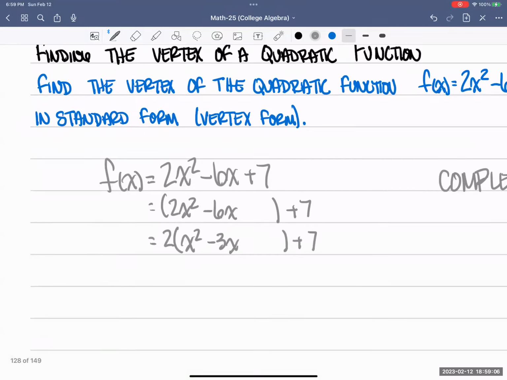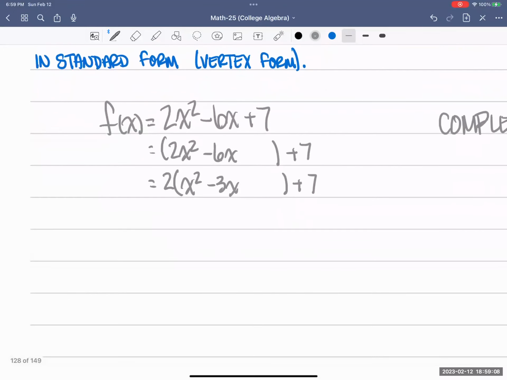And very similar to finding the vertex from a parabola in general form, we have half of b squared, b divided by 2 squared. Instead of b, we put negative 3.